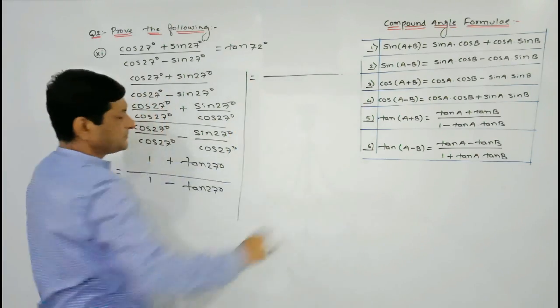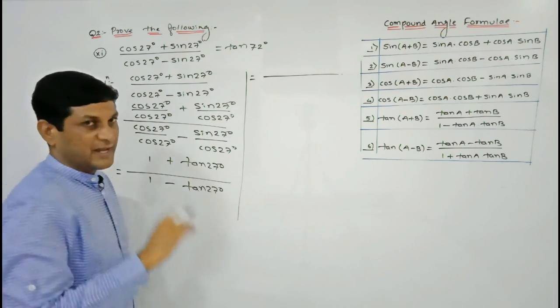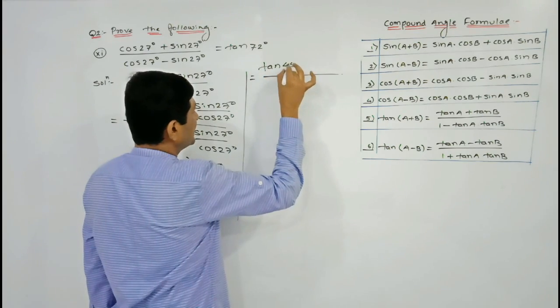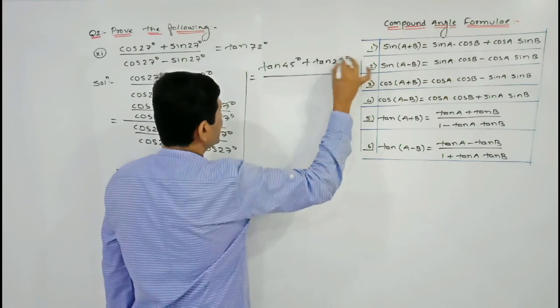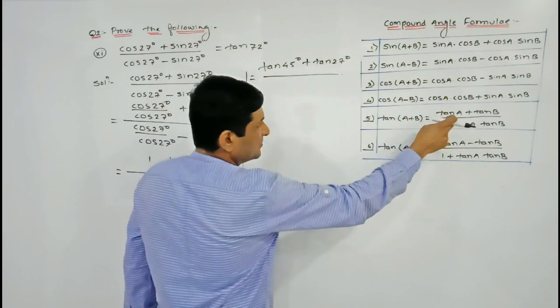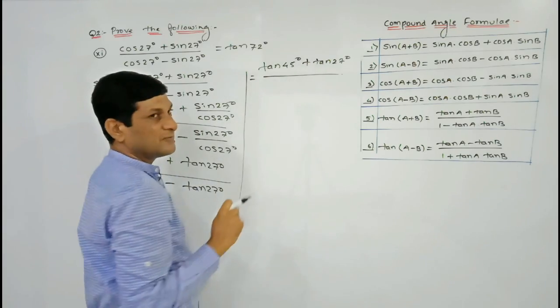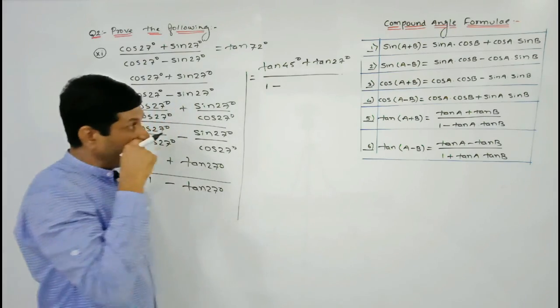So let us simplify it. We know that 1 is nothing but the value of what? Tan 45. So here 1 can be replaced by tan 45 degrees plus tan 27 degrees, keep it as it is. We are just trying to arrange the terms in the form of this formula, tan A plus tan B. Now the numerator is in the form of tan A plus tan B. In the denominator what will we require? 1 minus what?